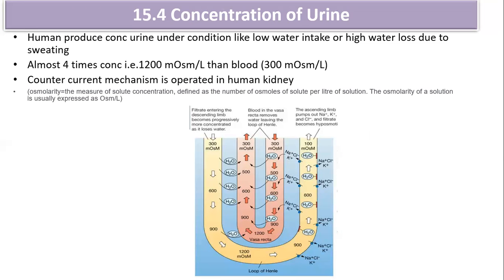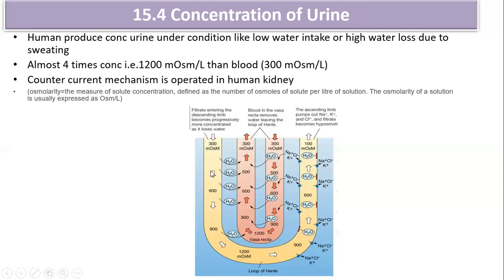In case of the limbs of Henle's loop in the juxtamedullary nephron and the vasa recta, the counter current mechanism works as follows, which we are going to discuss now. The mechanism involves the passage of the fluid from the descending limb to the ascending limb of Henle's loop.